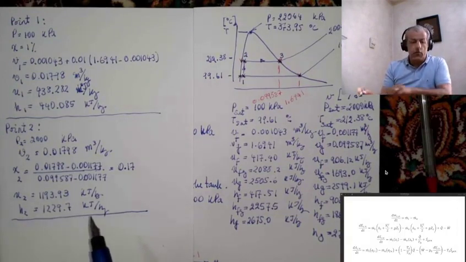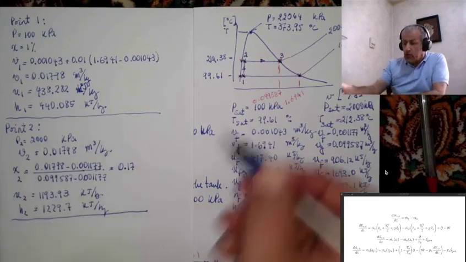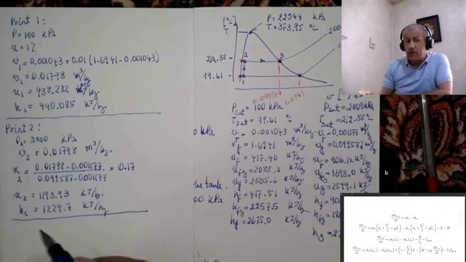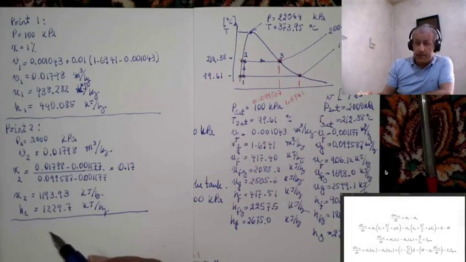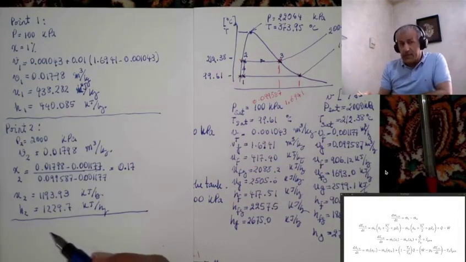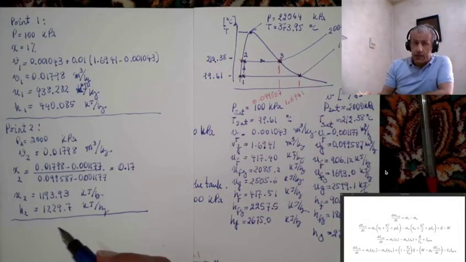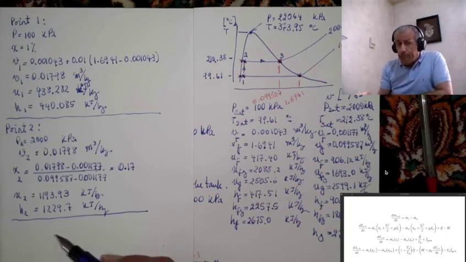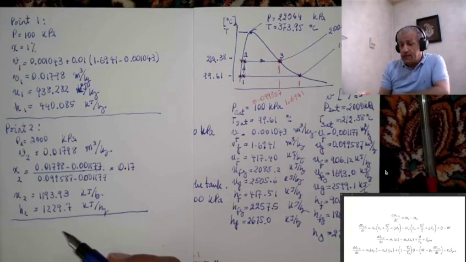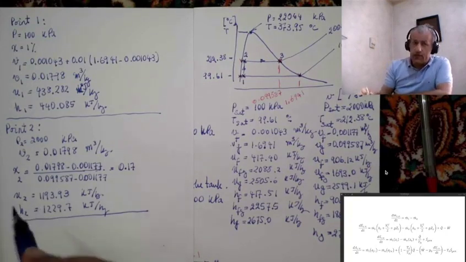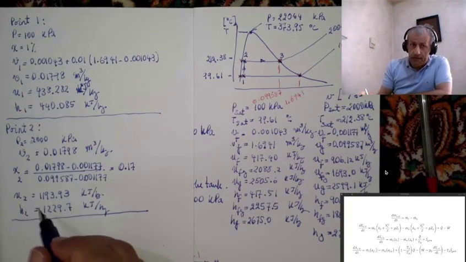We could move to point 3, which is just saturated vapor, because the problem tells us that the process continues until all liquid in the tank is gone and there is only saturated vapor left in it.